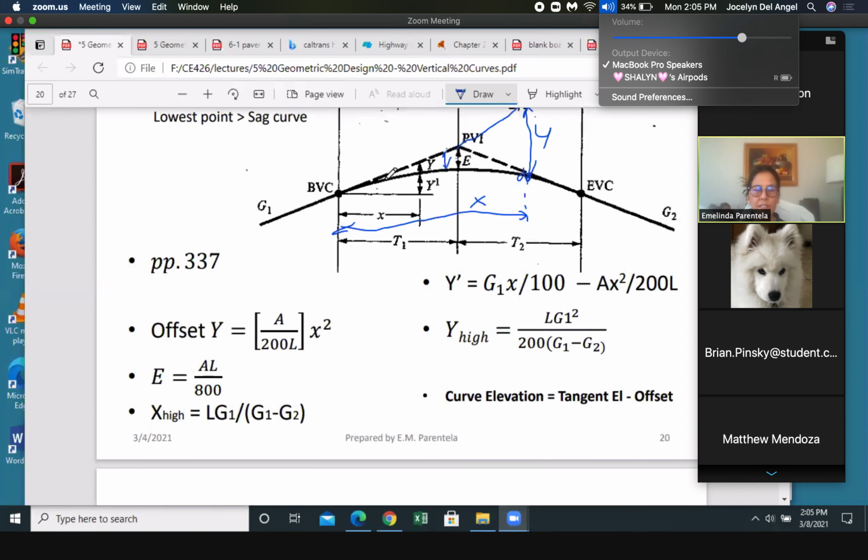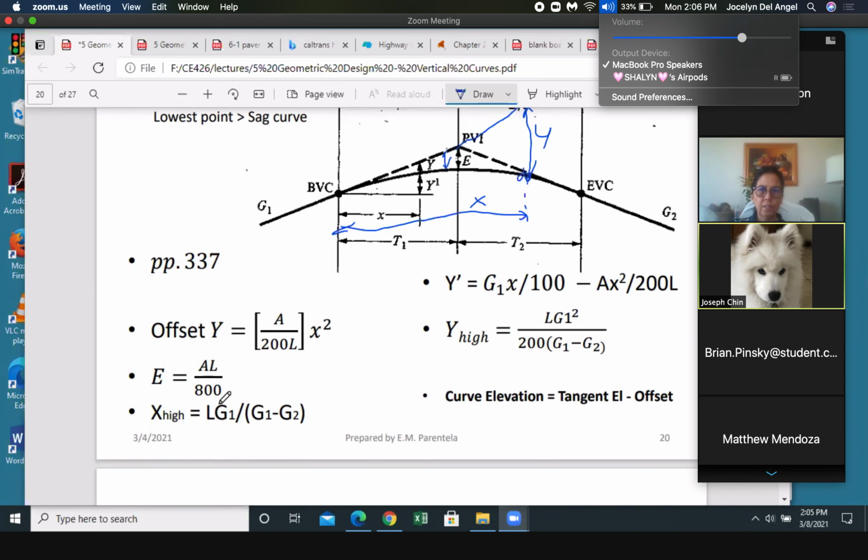A is the gradient, the algebraic difference between these two grades, G1 and G2. But the elevation on tangent is along the grade 1, this grade, and then you just extend this line here. It's like an imaginary line being extended here, and then you need to look for the value of y to determine the elevation at point x.